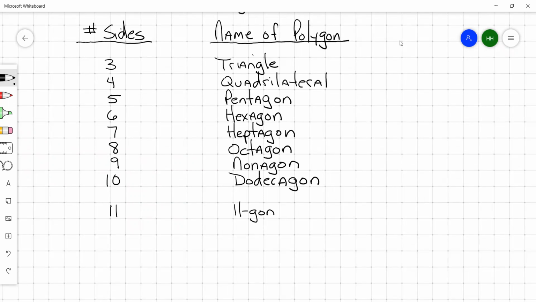All right. So a 15-sided shape, it's a 15gon. All right. Anything over 10, we're just going to use the number of sides followed by the word gon.